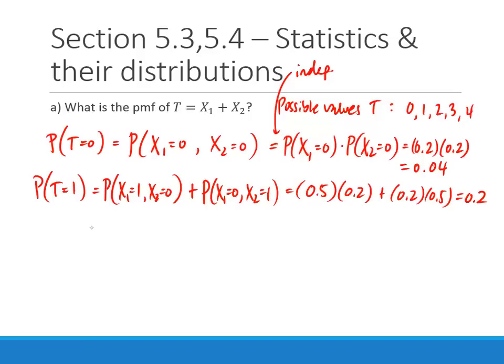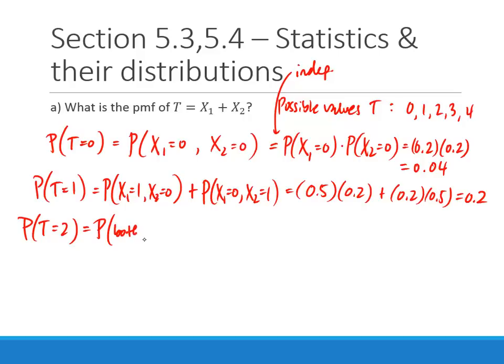Okay, let's keep moving along here. The probability that the sum is 2. So there's a few different cases here, right? So we'll start shortening this a little bit. This is the probability that either they're both equal to 1, right? That'll give me a sum of 2.